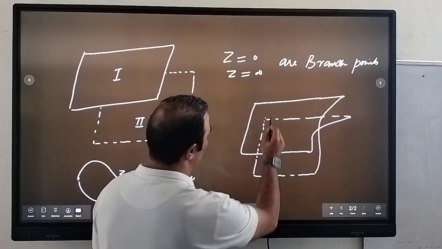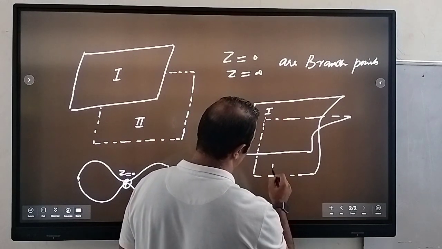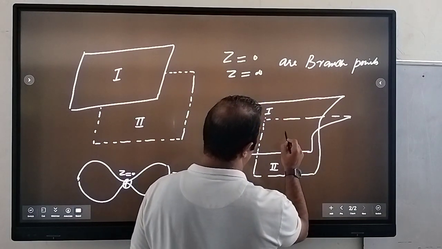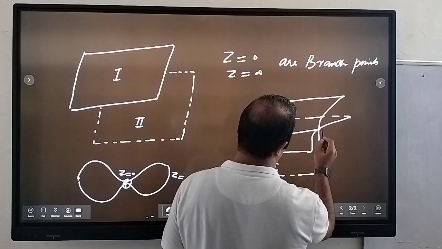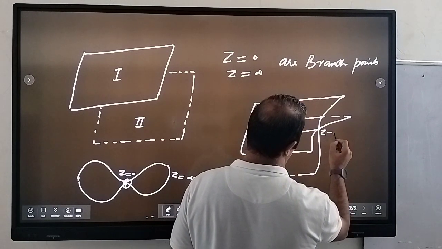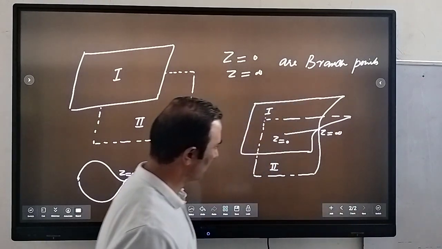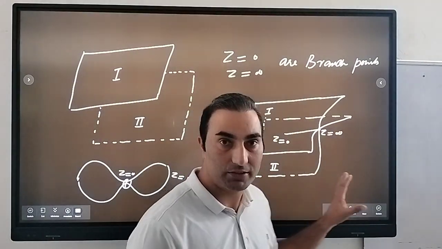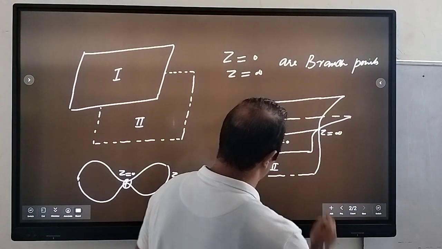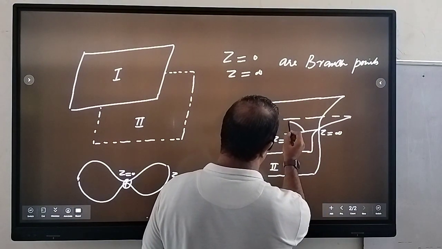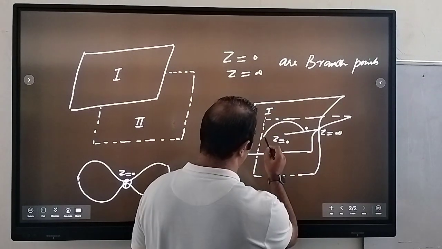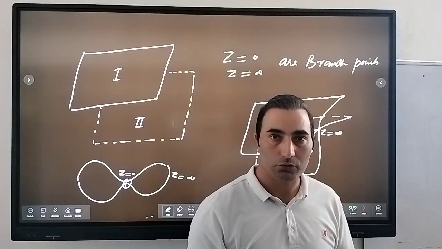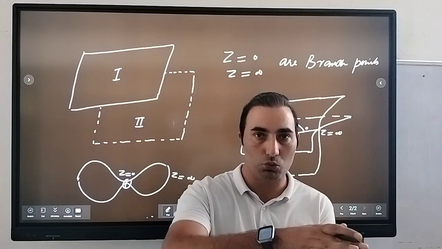So this is our first Riemann surface, the first and second sheet. This is our origin, z equal to 0. And if you rotate it from 0 to 2 pi, so we have two sheets there.